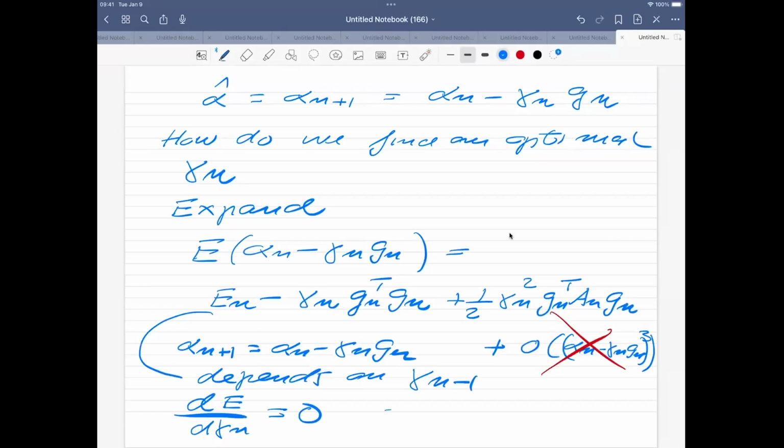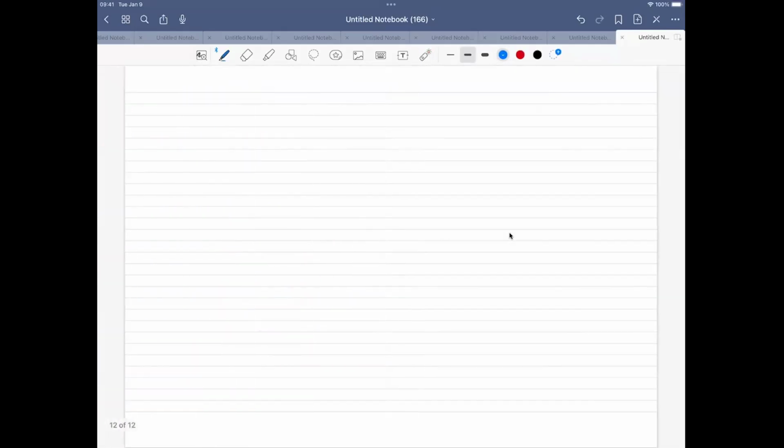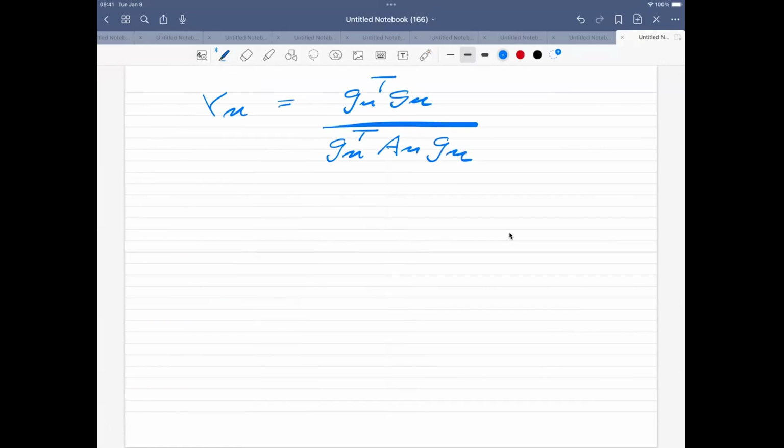What I get is gamma_n given by g_n transpose g_n divided by g_n transpose A_n g_n. So this is a vector times a matrix times a vector, and we have to evaluate these quantities at each iteration. This is a way by which we could find an update of the parameters gamma.